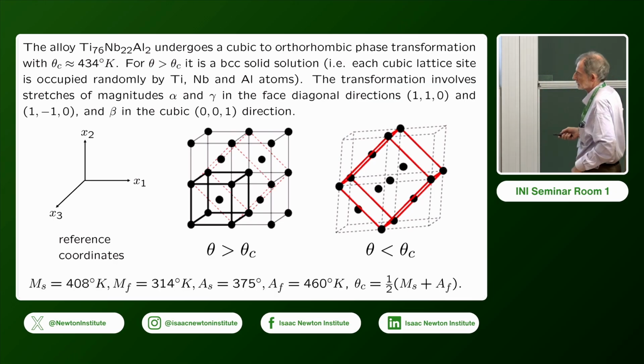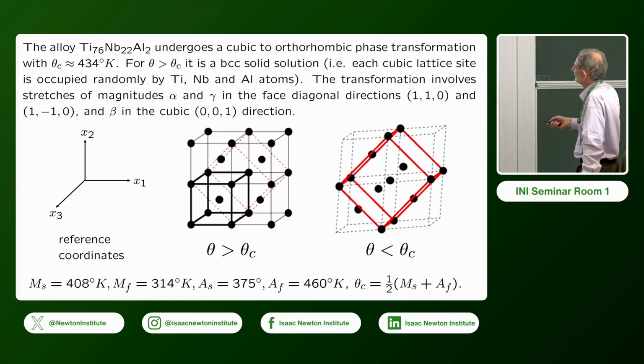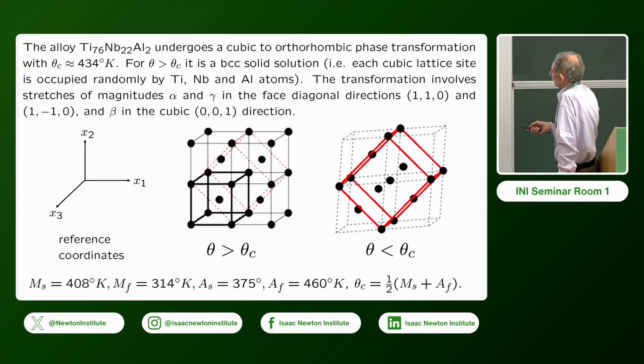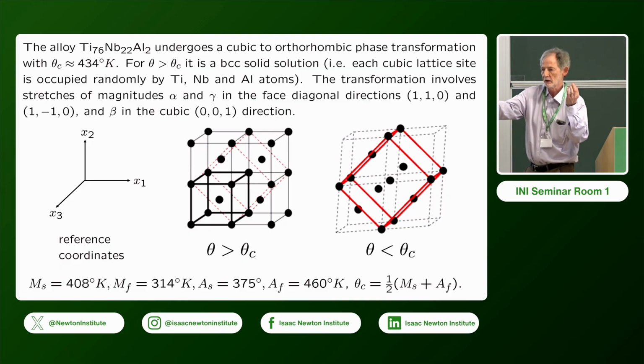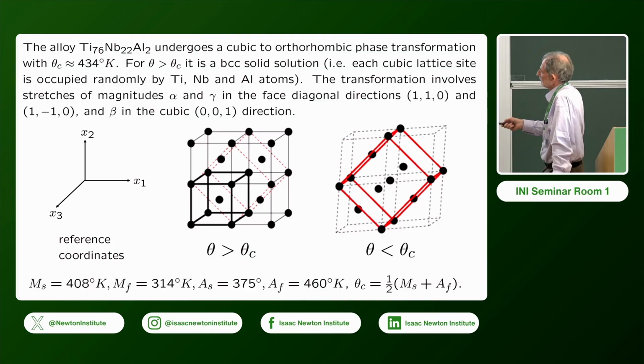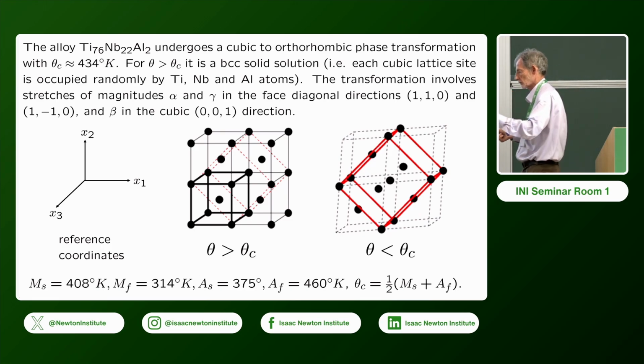Now, here's a slightly puzzling thing. These are the various temperatures involved. You have hysteresis in this alloy. Theta critical is 434, where the two phases have the same energy. But you need to reduce the temperature further, to 408 Kelvin, before the martensite, the low temperature phase, starts appearing.